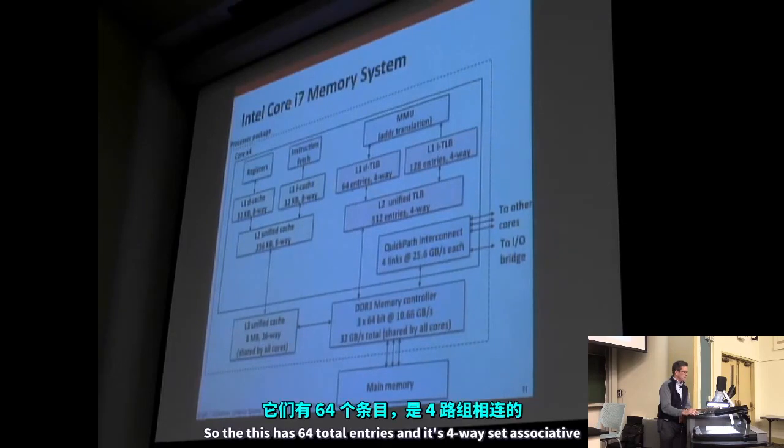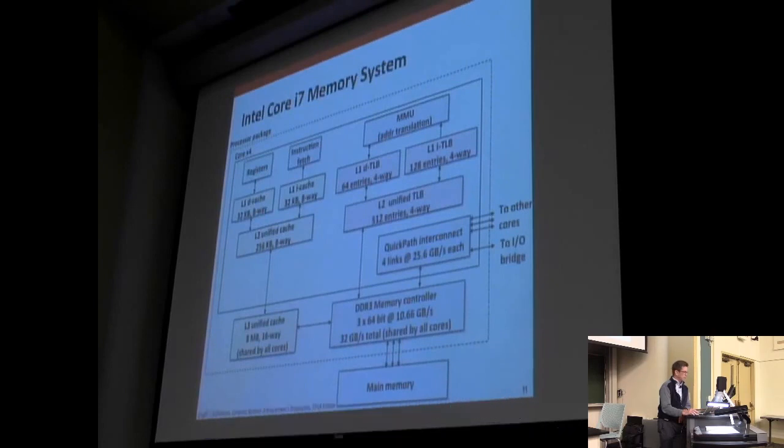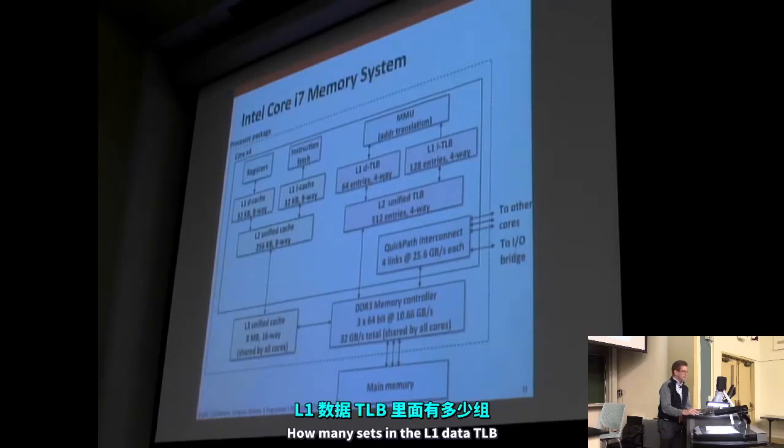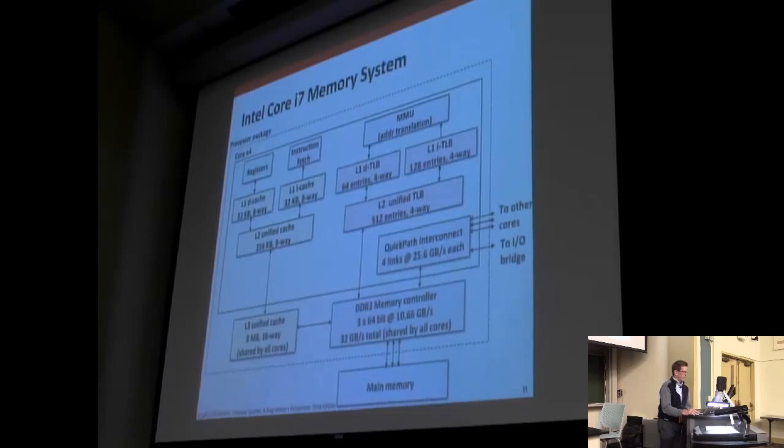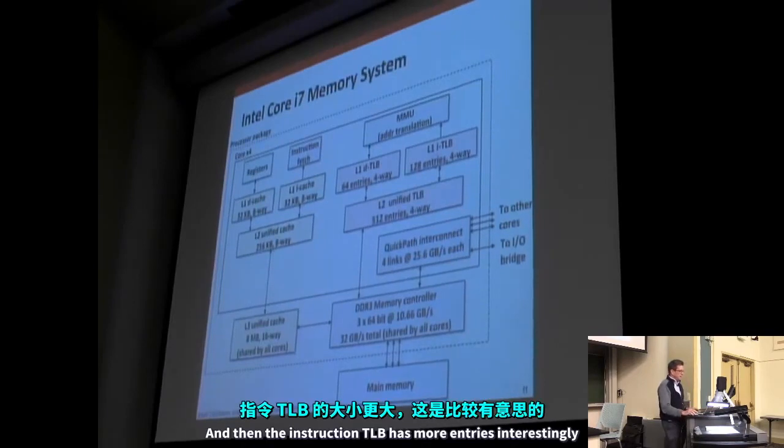So this has 64 total entries, and it's 4-way set associative. So how many sets are there then in this? How many sets in the L1 data TLB? 16, right? Good.